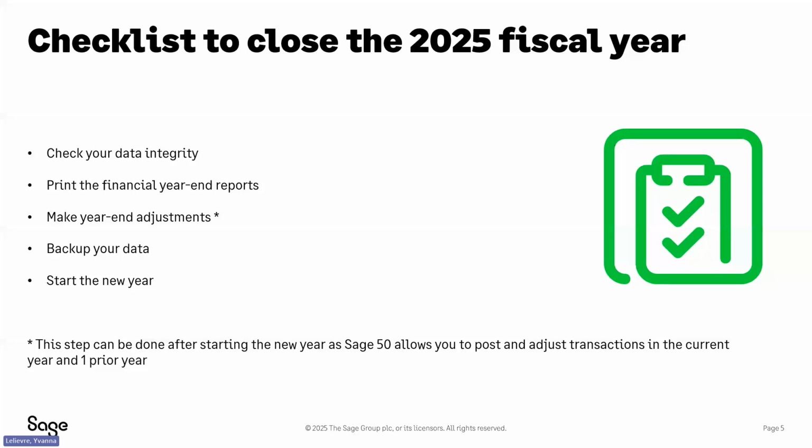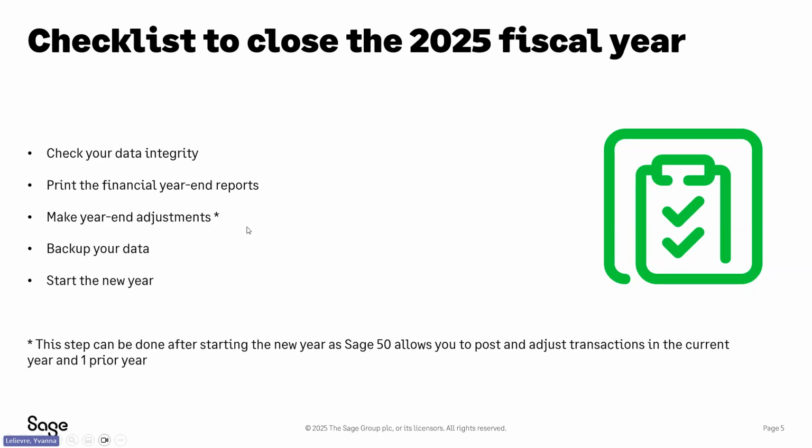What is going to be extremely important for the fiscal year is to start by checking your data integrity. This is a step that takes a bit of time if there are issues. Unfortunately, it's a bit too complicated to go step by step during this webinar, but I'm going to do an overview of what it means and how to check it.